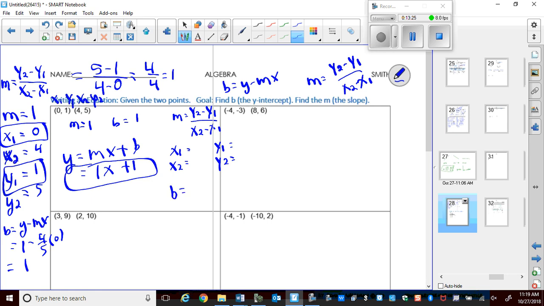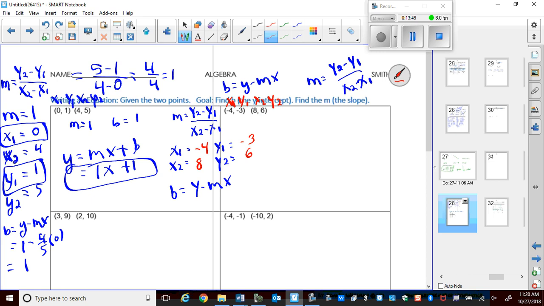And I need to find b, which is y minus mx, right? So these are things I can write out. So label your coordinates: x1, y1, x2, y2. x1 and x2 are -4 and 8. y1 and y2 are -3 and 6.